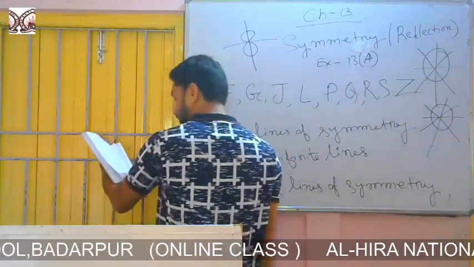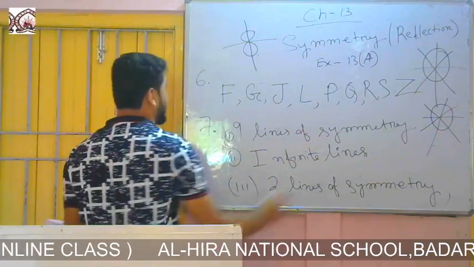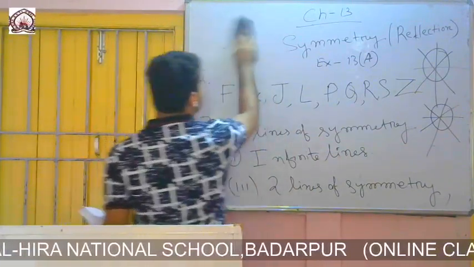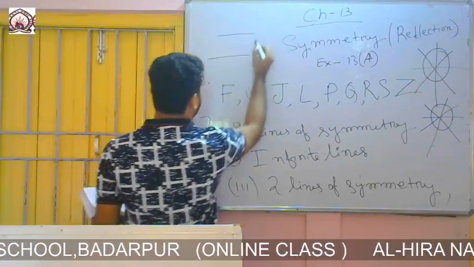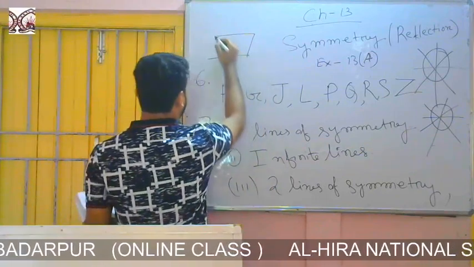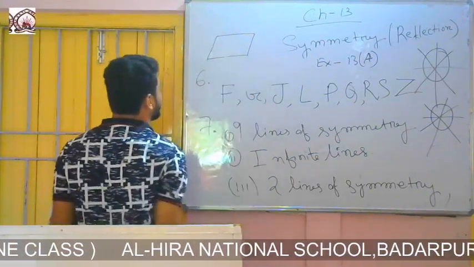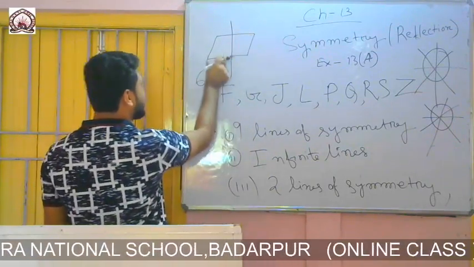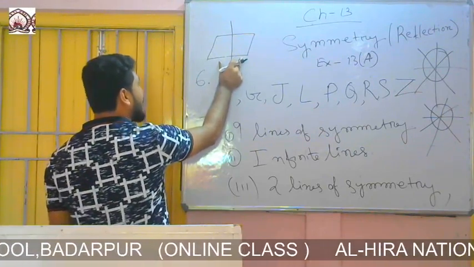And in a parallelogram, two sides are parallel. If I draw like this, then we cannot draw lines of symmetry, because if I fold this side and this side, then these two sides will not coincide.